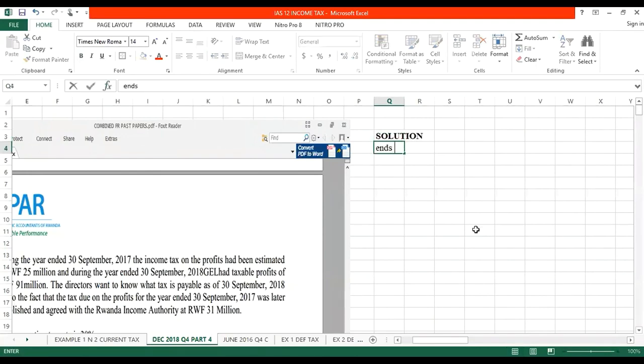The year ends 30th September 2018. So when does that year begin? It begins 1st October 2017. It is very important to know the dates.